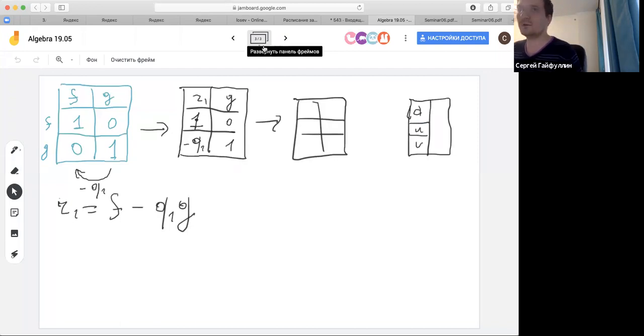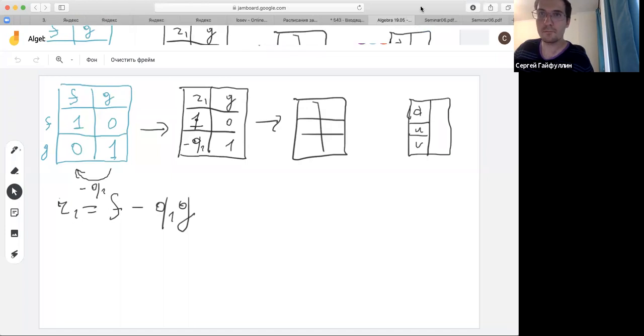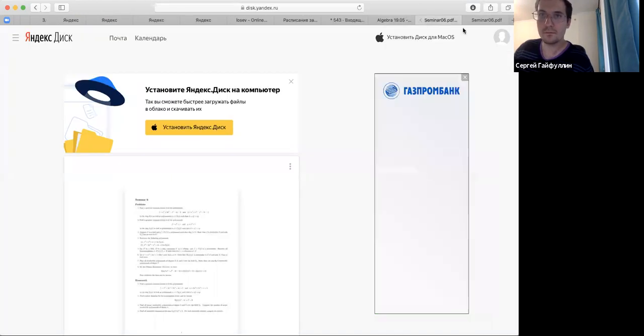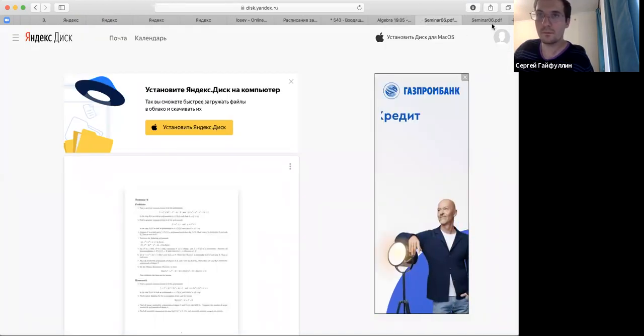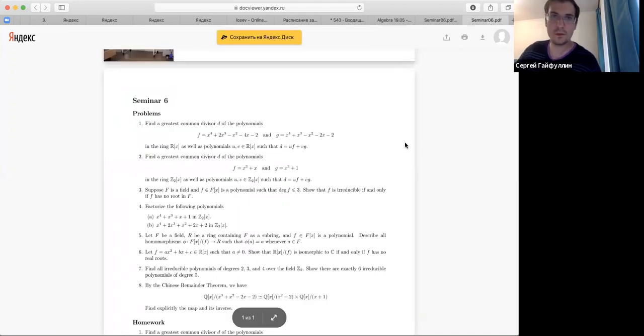So let us do it with the second task. I'm sorry, where is the second task? Here it is. We have two polynomials.